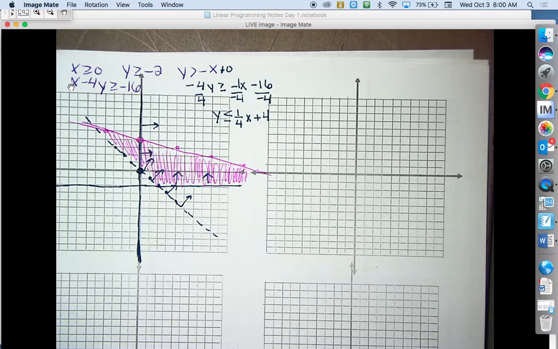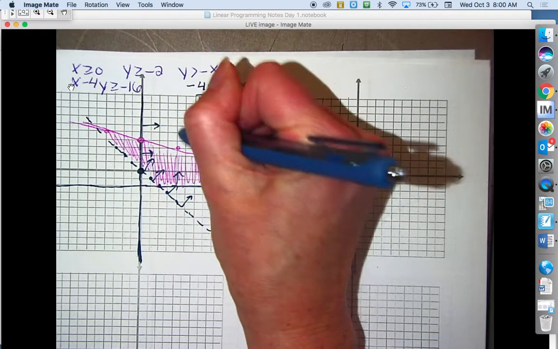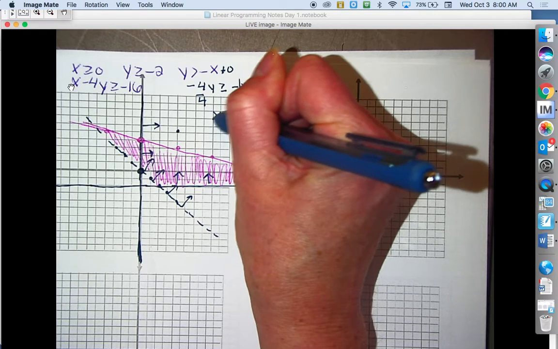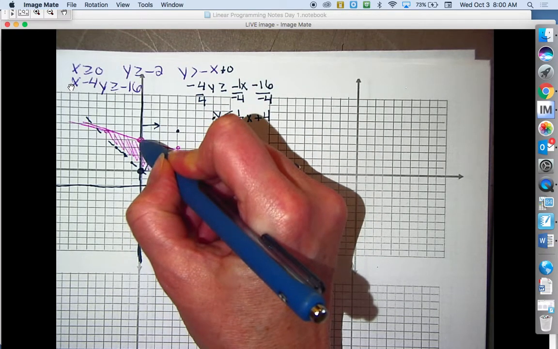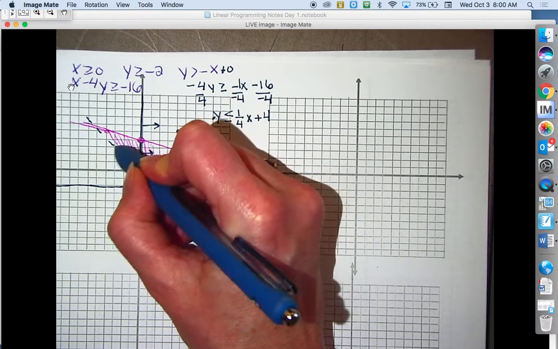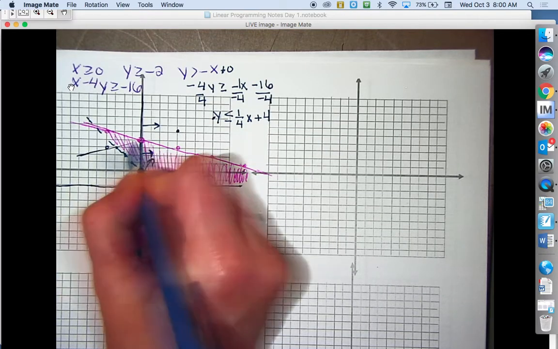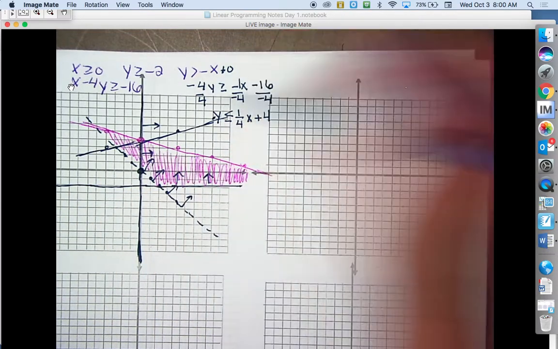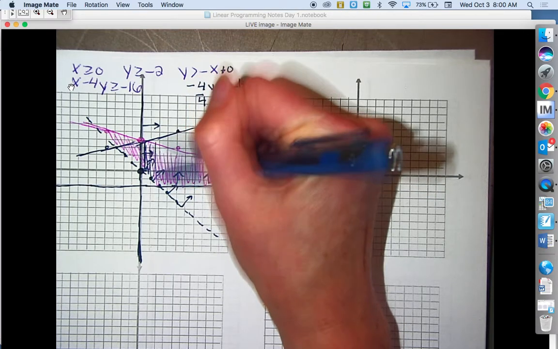Any questions on that graph? So making sure that you remember to flip the sign. I should have gone up 1 and right 4. Darn it! See, this happens. I graphed wrong. I was creating a negative graph. So we're going to have to ignore my 1, 2, 3, 4. Okay. Ignore the pink. There we go.